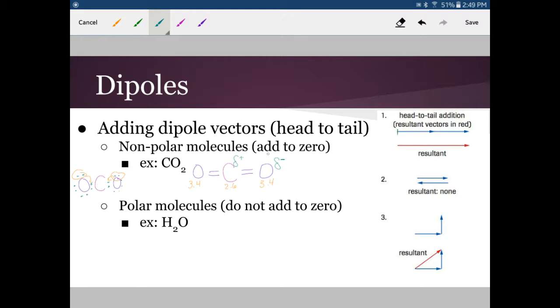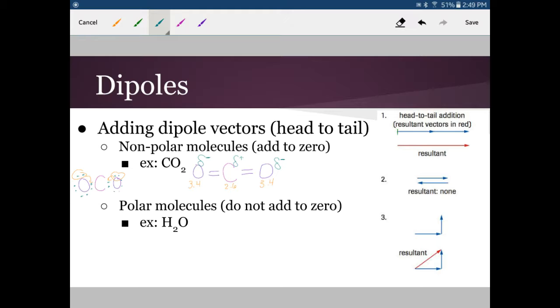Now again, because a dipole is relative to a bond, we're talking about this bond here. However, there's another bond right here. We need to consider this bond. Now again, this is my positive dipole and this is my negative dipole.